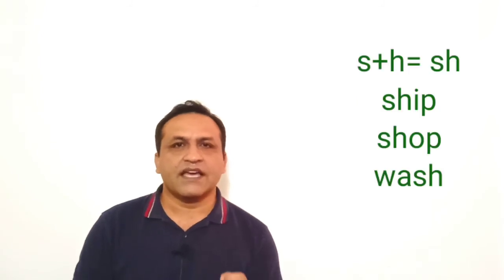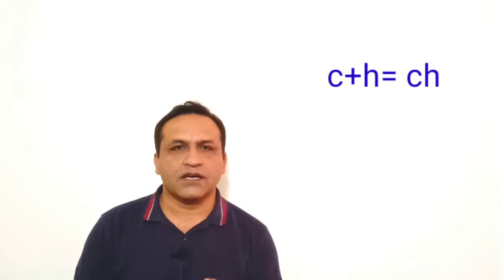S and h sounds combine together and make a new sound, sh, like in the words ship, shop, and wash. C and h becomes ch, like in the words chair, catch, match.